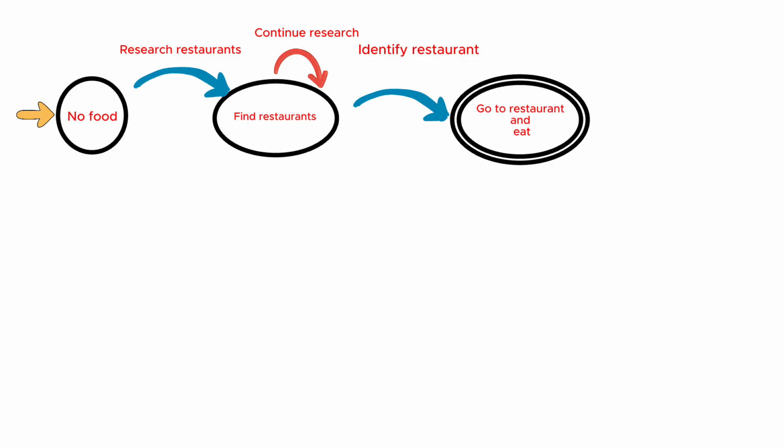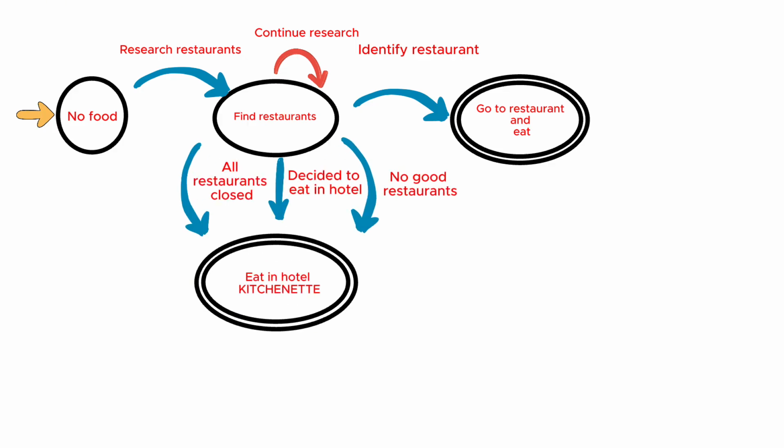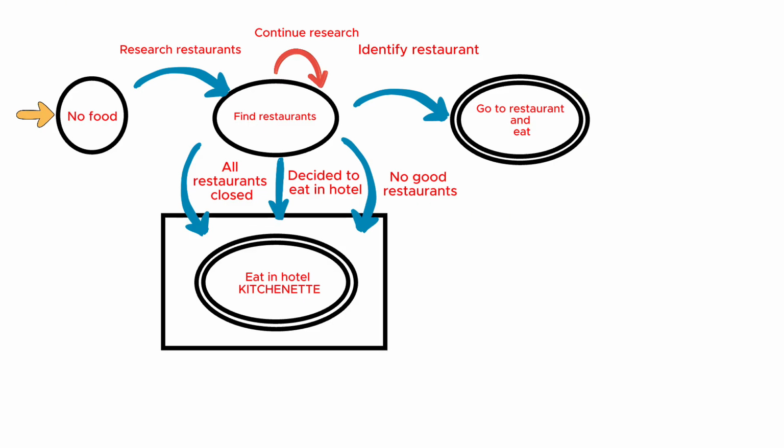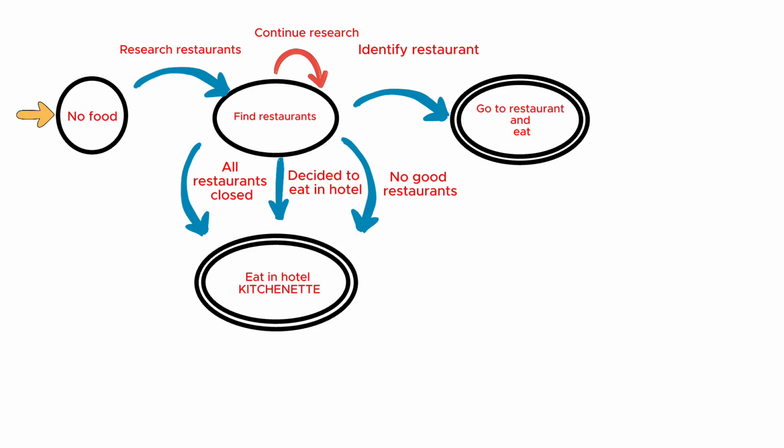But what happens if during research we find that all restaurants are closed, or we don't find any good restaurants, or we decided to eat in the hotel? Then we accordingly add a new state and 3 new transitions. As you'd notice, this is an accept state as we have reached our goal, that is to eat food.